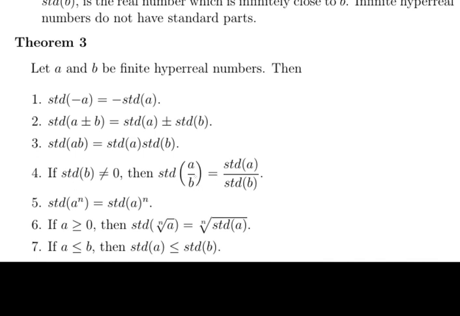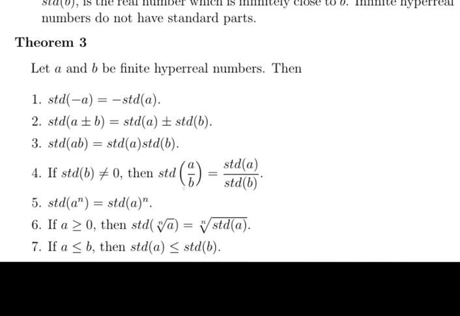So it could be that b itself is a hyperreal number, or maybe an infinitesimal, so it isn't 0. But the minute I take its standard part, if it's an infinitesimal, I could have b divided by 0. So it's quite possible that a divided by b is a defined hyperreal number, but I can't use this rule if it turns out that the standard part of b is 0.